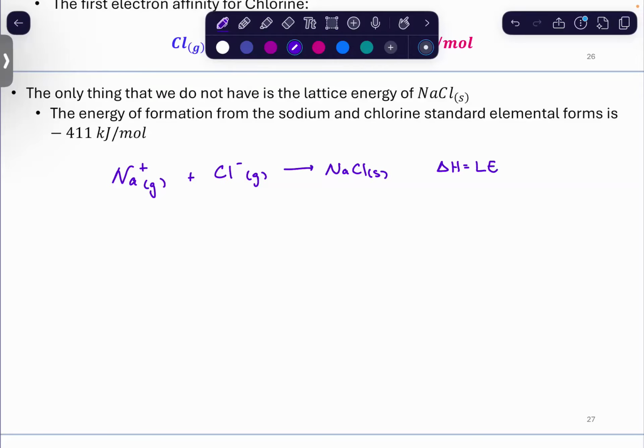And that's our lattice energy. We don't know what it is. So now we can use the individual parts of the Born-Haber cycle in Hess's law to figure out what lattice energy is.